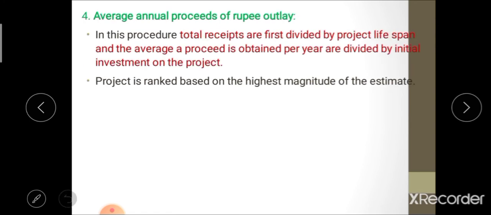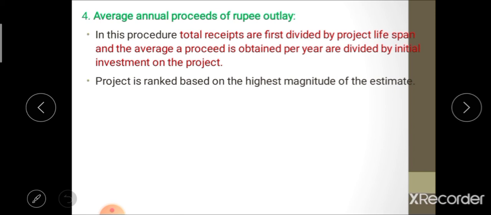After this method, next one is average annual proceed per rupee of outlay. In this method, the calculation is done in two stages. In the first stage, total receipts are divided by project lifespan, and we get average annual proceed.